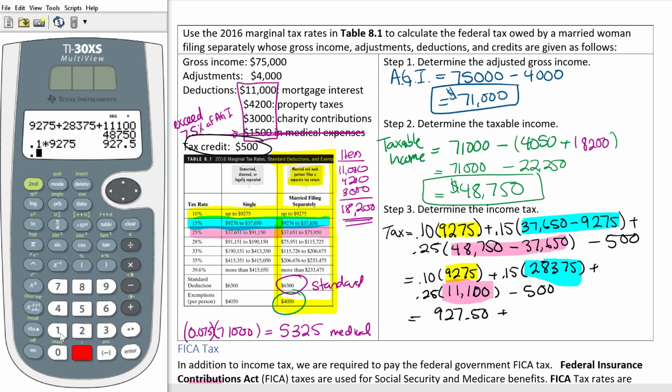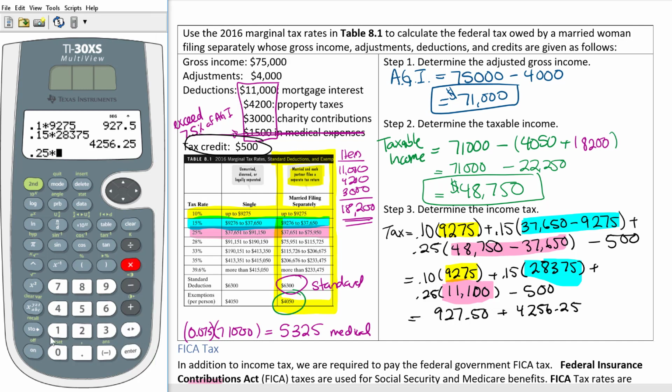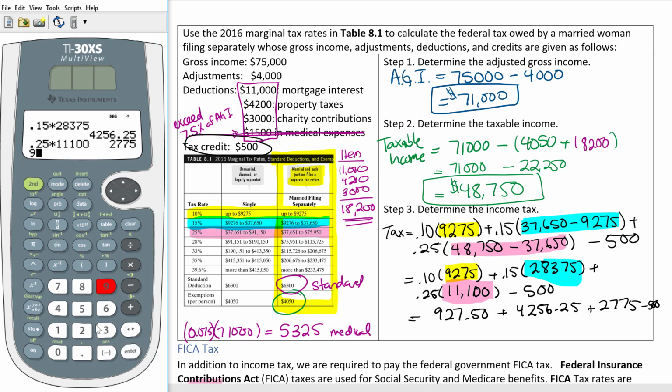Then we have 0.15 times 28,375, and that's 4,256.25 for the 15% category. 0.25 times 11,100, and that's going to get 2,775, and then we have minus 500.